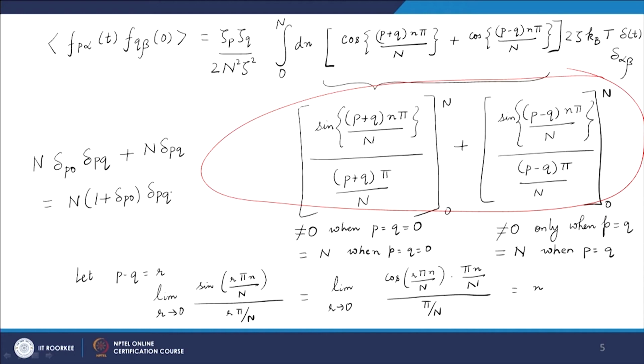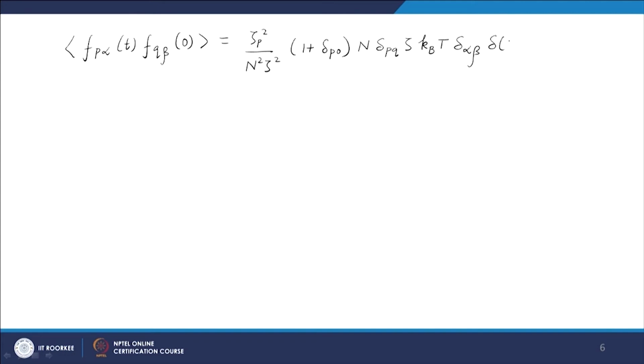Okay. So, now I will plug that back in this equation and I will have a simplified relation which would be f p alpha t f q beta 0 is equal to zeta p square by n square zeta square multiplied by 1 plus delta p 0 multiplied by n multiplied by delta p q multiplied by zeta multiplied by kbt multiplied by delta alpha beta multiplied by delta t.